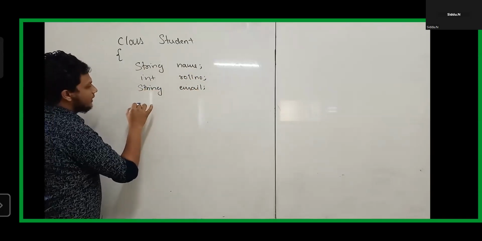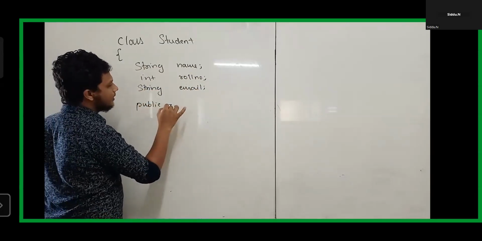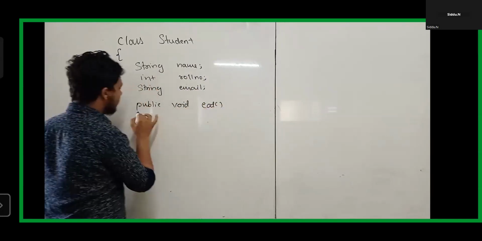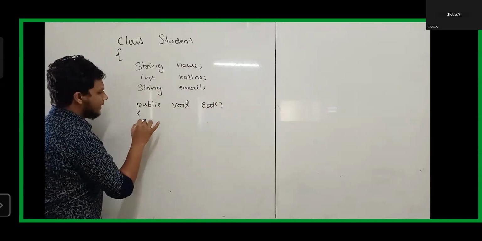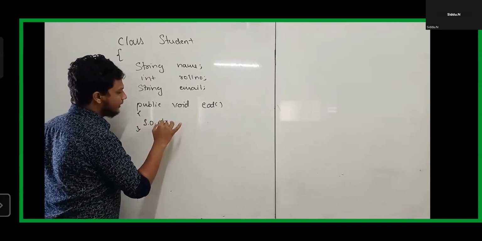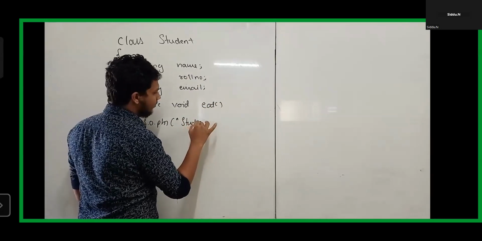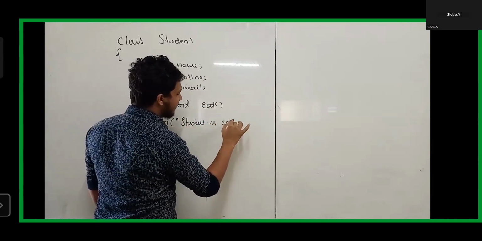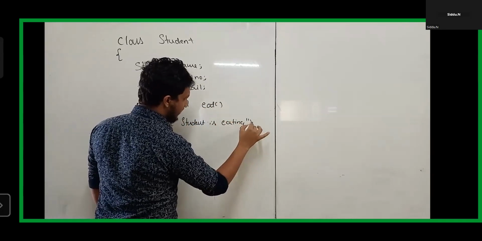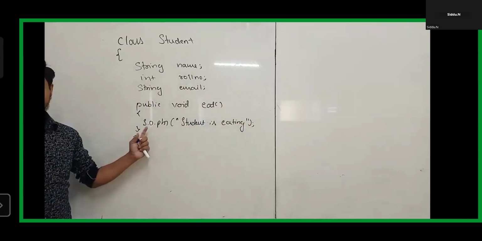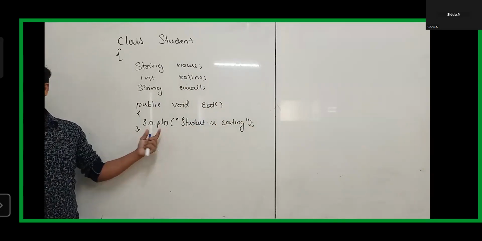Now I'll declare the methods. public void eat, and inside this one I'll write System.out.println("student is eating"). I've written in the short form, guys: SOPLN means System.out.println. I believe everyone is aware of this.